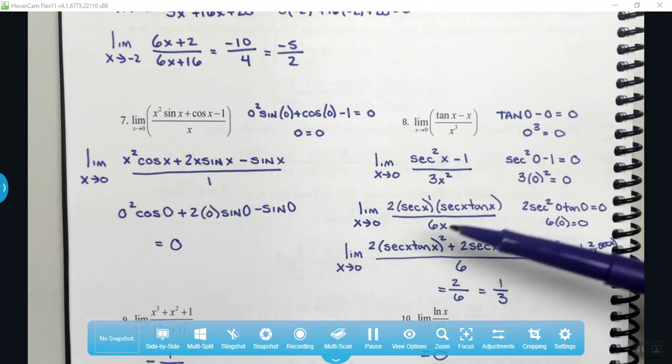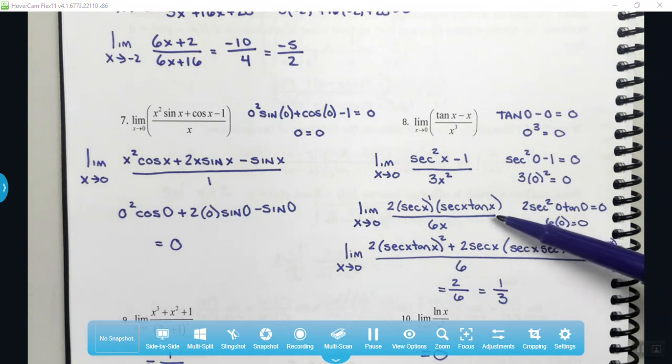Then if you take the derivative, secant squared is 2 secant x times secant tangent over 6x. And then the bottom was even grosser. Any questions on that?